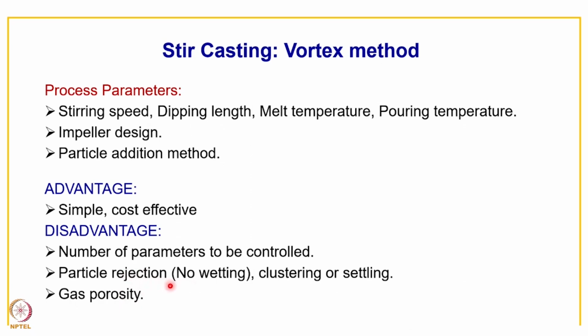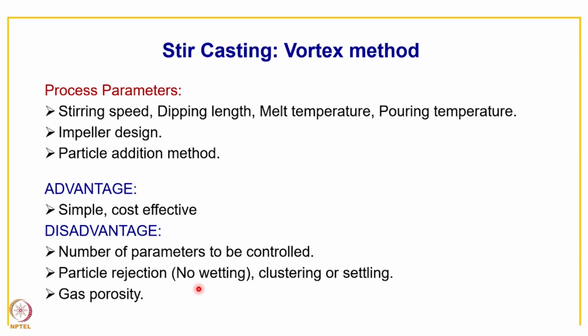Because for these particles to be bonded, they will have to be wetted by the liquid metal, and if for some reason this wetting does not happen, then the particles will not be bonded to the metal and they will be simply rejected, and they will either float on the liquid metal or settle down at the bottom of the crucible.